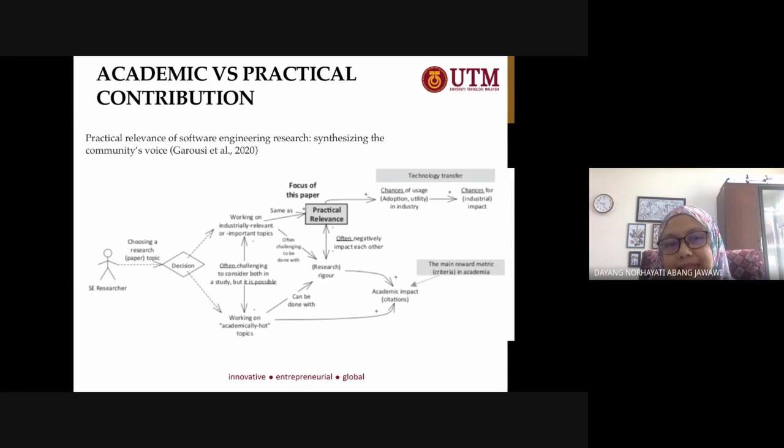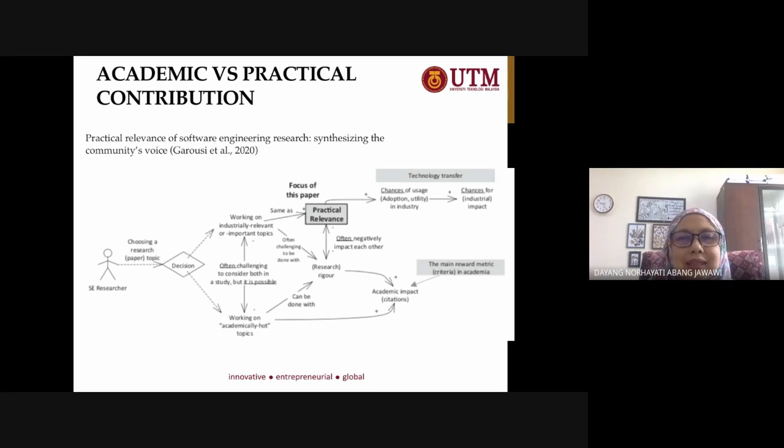Practical, when we say how to design that type of research is, first we need to choose the research topic. We need to decide at the beginning of our research whether we want to go into industrial relevant research or working on academic topic research.